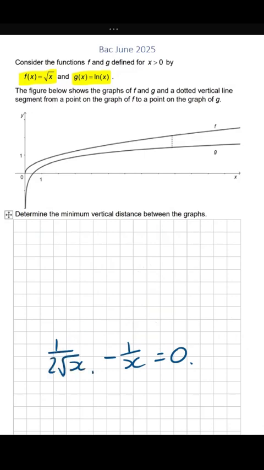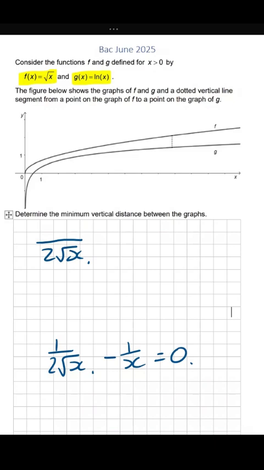All right, so the lowest common denominator between the pair of them is going to be 2 root x.